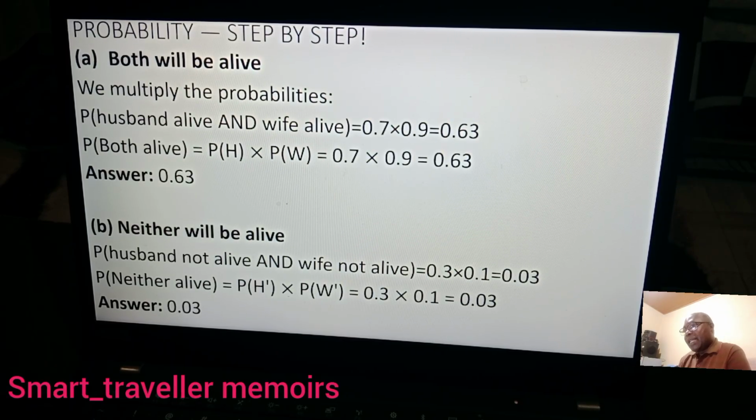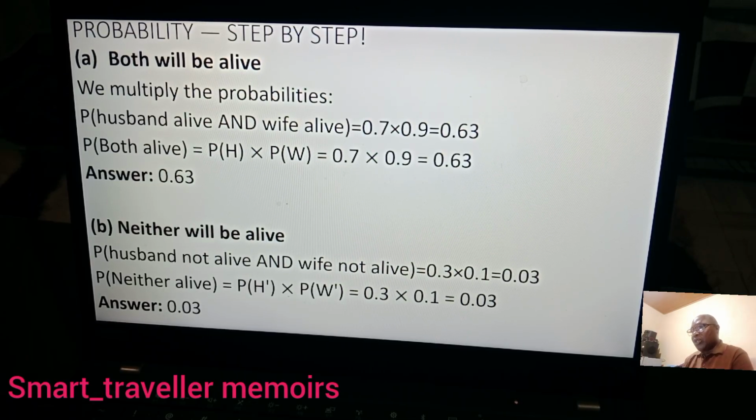B, probability that neither will be alive. Probability husband not alive and wife not alive is equal to 0.3 times 0.1, which is 0.03, because these events are independent.